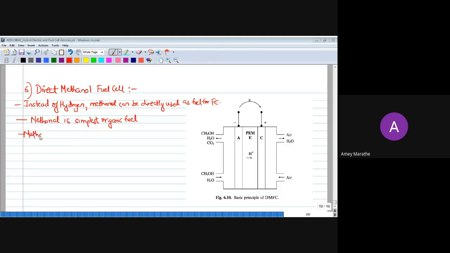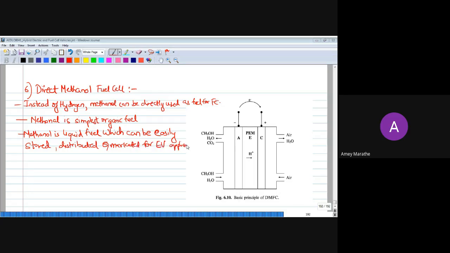Methanol is a liquid fuel, which, since it is liquid, can be easily stored, distributed, and marketed for EV applications.